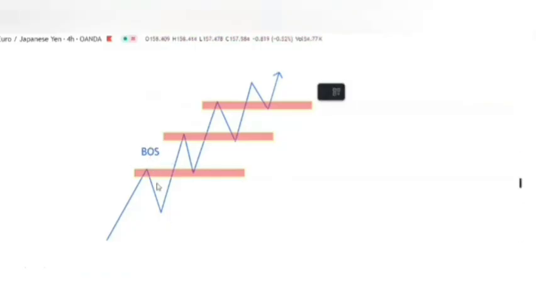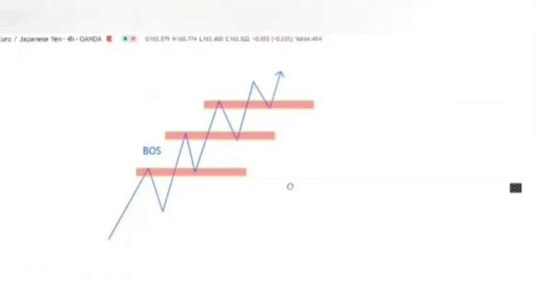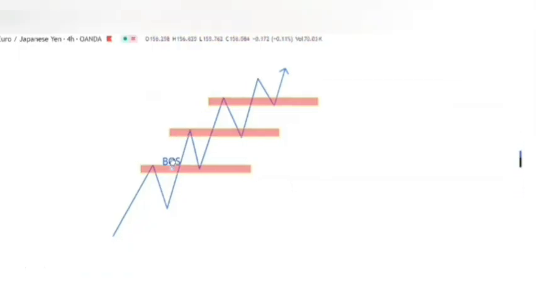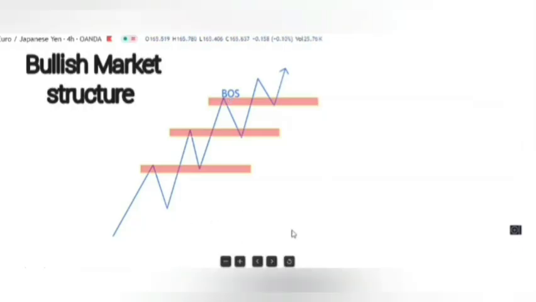There was a break here of the structure to the upside, with that impulse leg, as the price rallies all the way to the upside. That must happen in a bullish market structure.